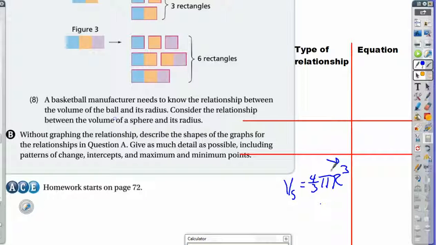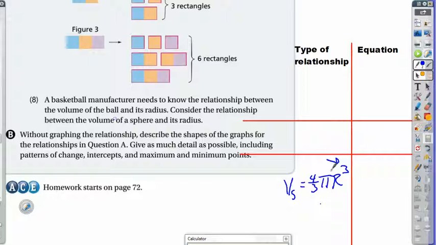This is not linear, because linear equations don't have any exponents. It is not exponential, because exponential relations have a variable x as the exponent. And we also know that it's not inverse, because they're not dividing by a variable.